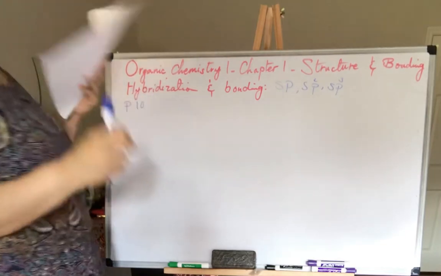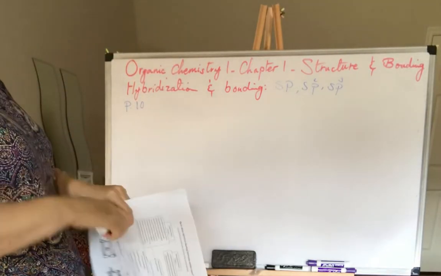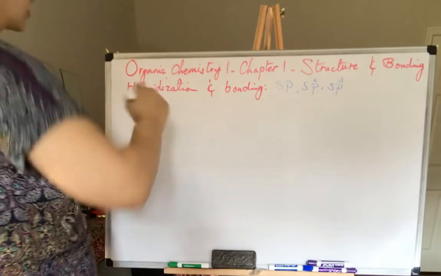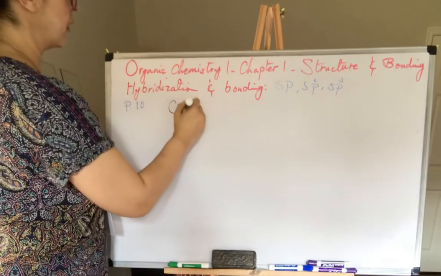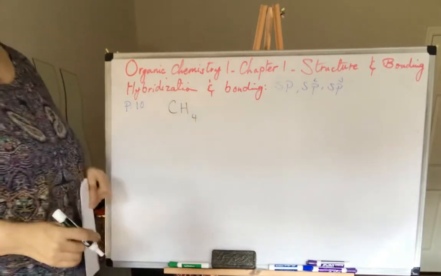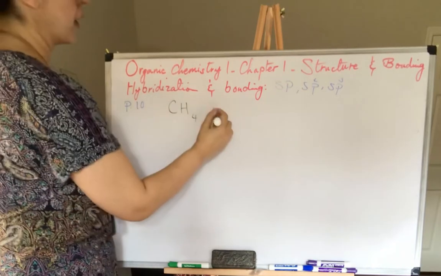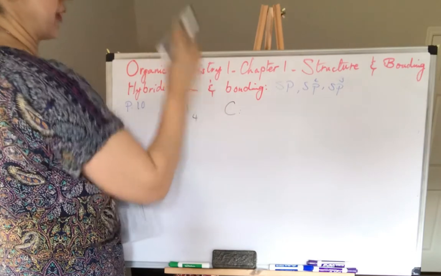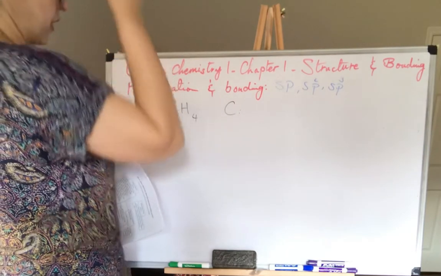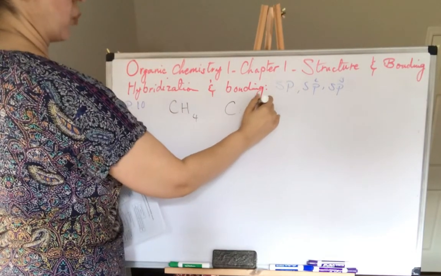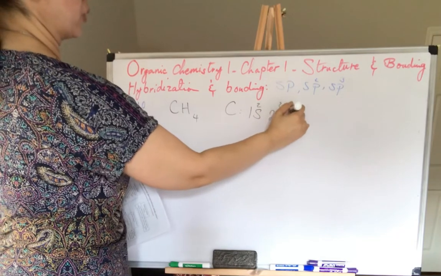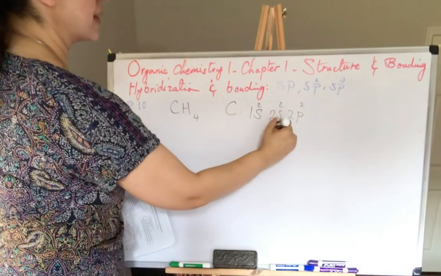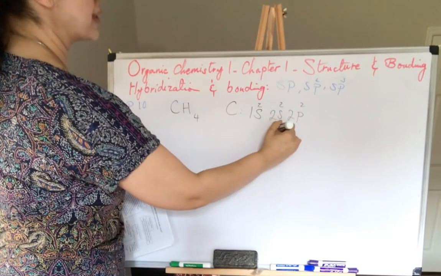I feel like I need to change my marker for you all to see better. So let's talk about the hybridization in the methane molecule, in CH4. Let's go over the electron configuration of carbon first: 1s2, 2s2, and 2p2. Do you remember that we had orbital diagrams?